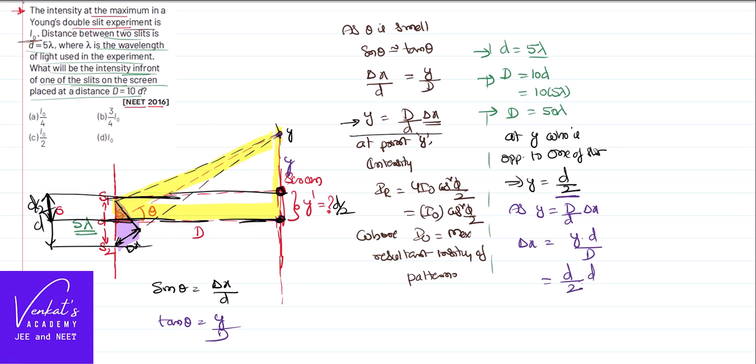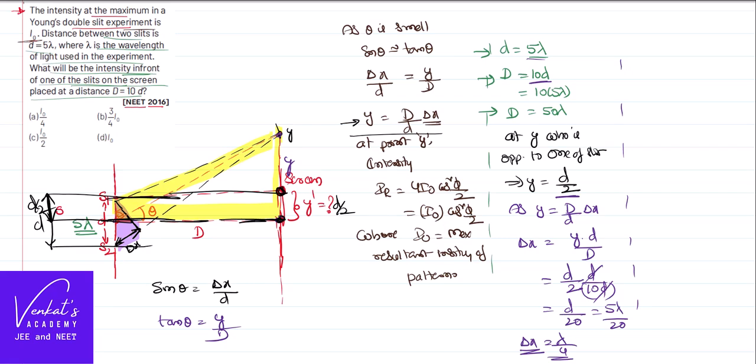And then capital D can be written in terms of the small d, as given in the problem, as 10 times small d. So, d can be cancelled, so that is d by 20. Small d can be further written as per the given data as 5 lambda by 20, that is lambda by 4. So, the path difference at the point where you have to find the intensity is lambda by 4.